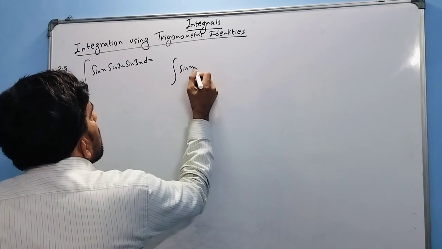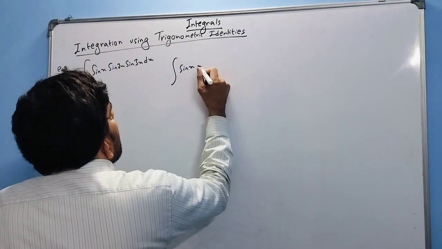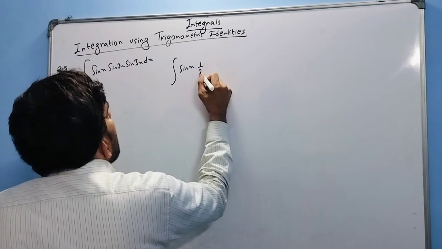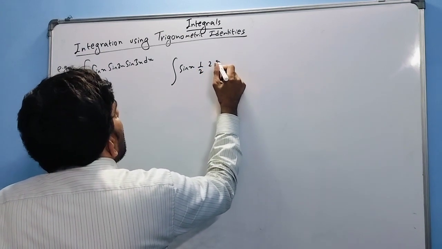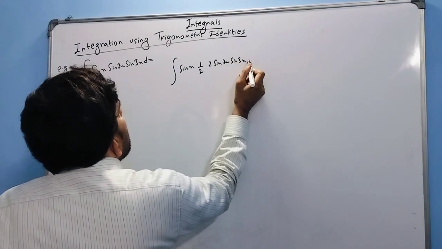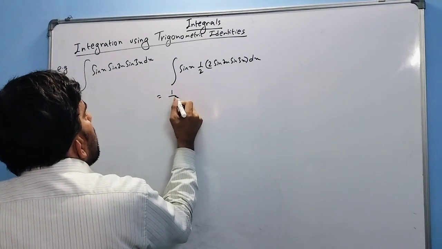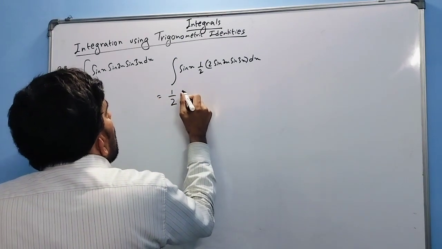Take sin x aside, put aside, and try to multiply and divide by 2 sin 2x sin 3x. Okay, here I will apply the identity now.